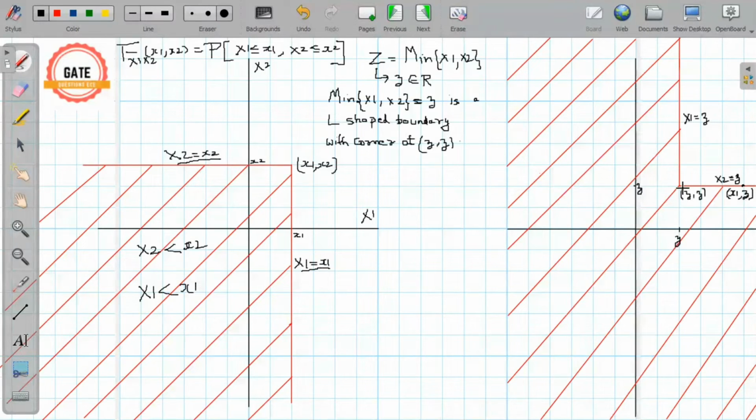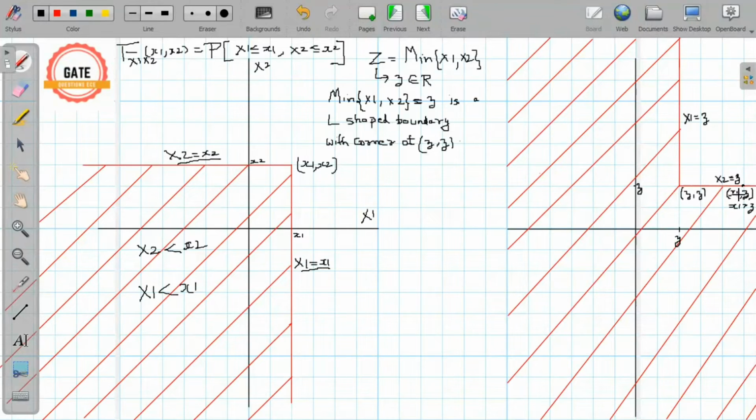And also you note here that at this corner point x1 is z, but as you move to the right on this line x1 will increase. So it will increase from z, it will be greater than z as you move to the right. So on this section x1 is always greater than z.